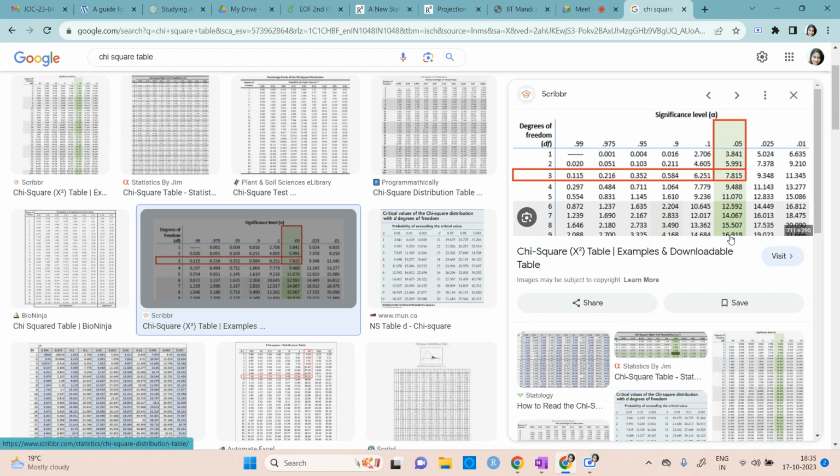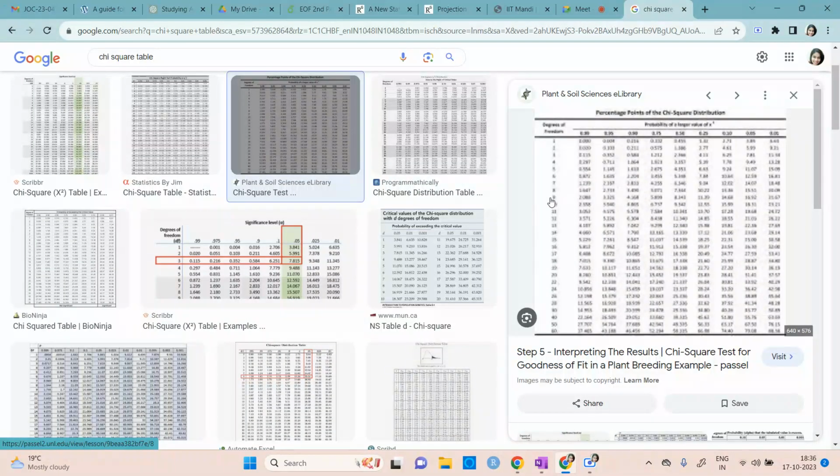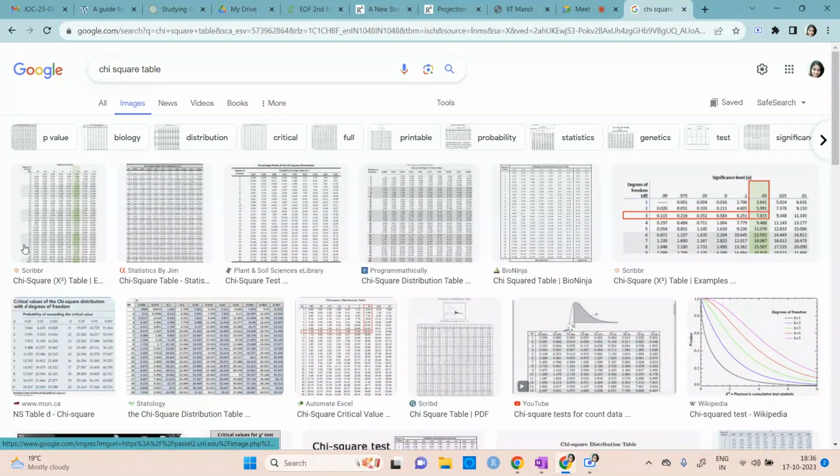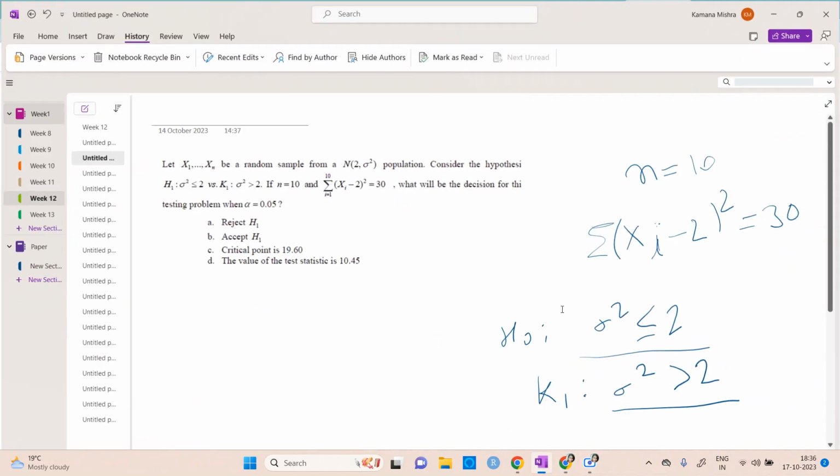It is 16.919. This is not clear maybe from your side, but this is it. Maybe we have another table. Okay, so you can see that at 9 degrees of freedom, this is 16.919, right?